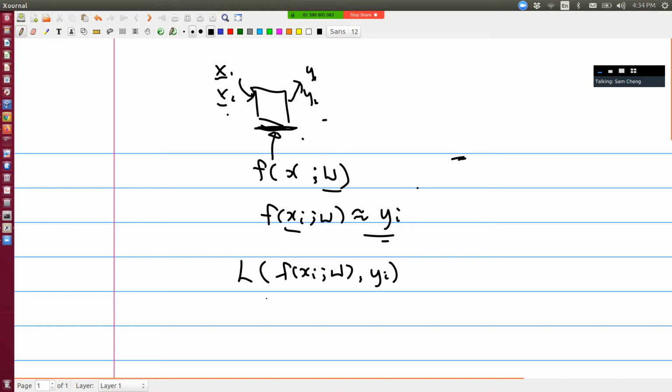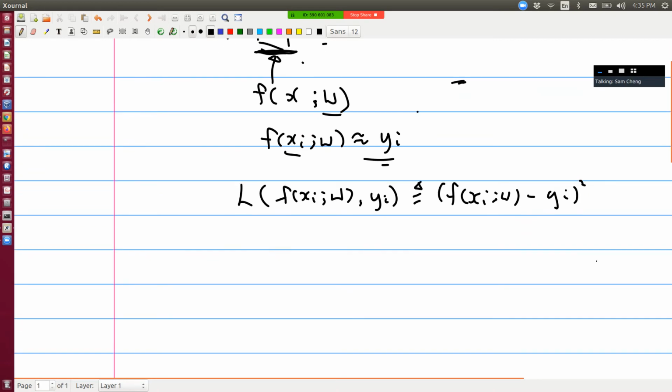Then we can use a loss function to compute how close they are to each other. More specifically, this loss function can be just the mean squared error, defined as the mean of (f(xi, w) minus yi) squared, something like that.